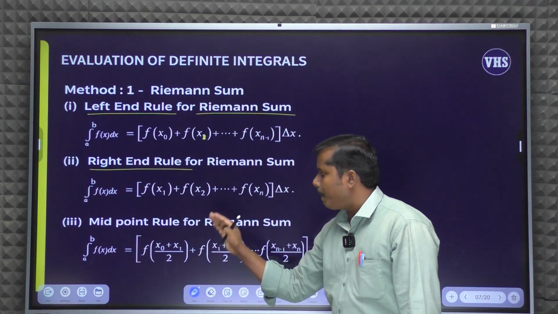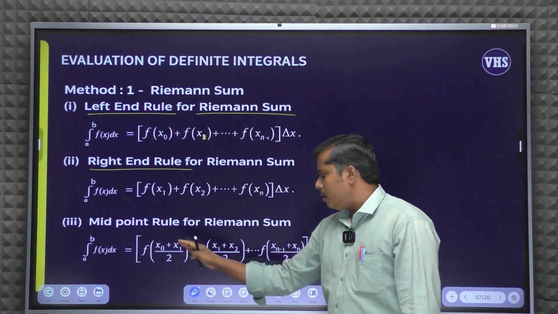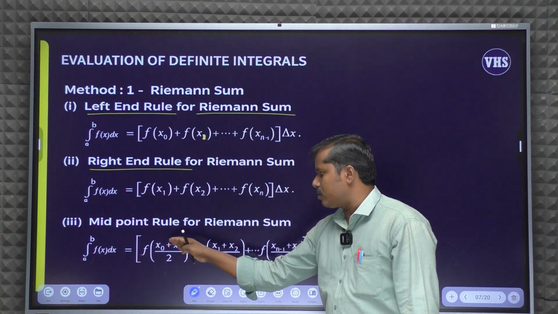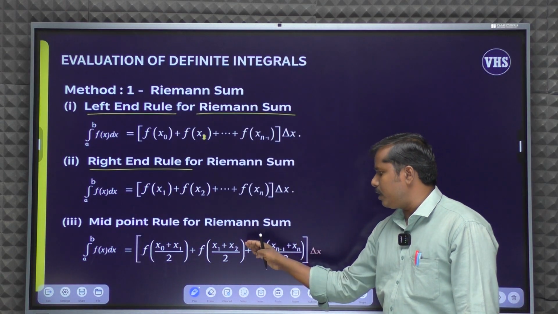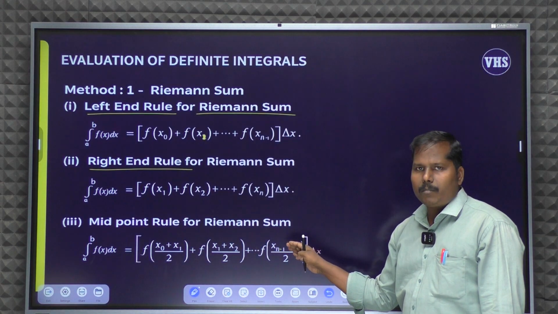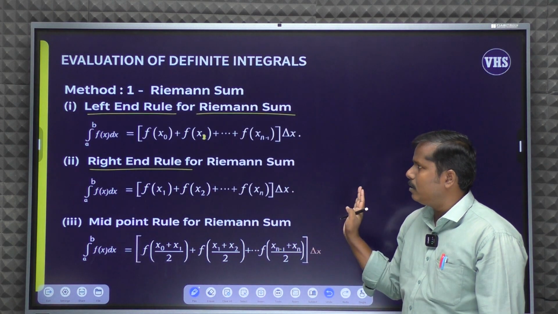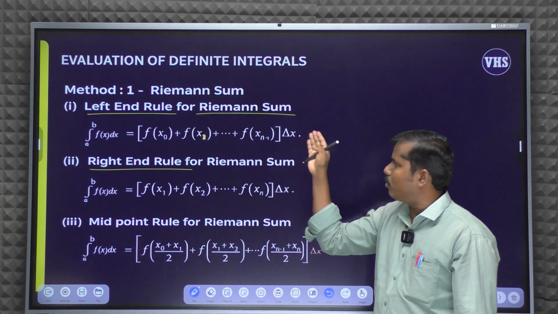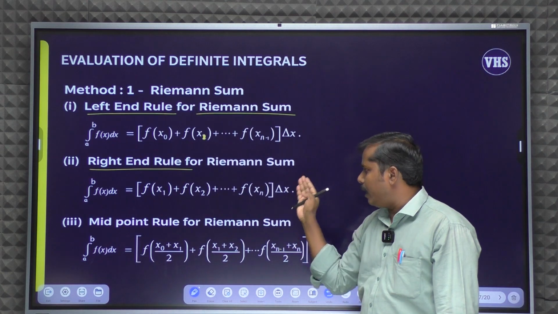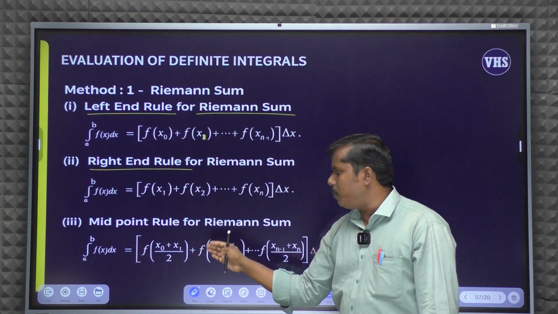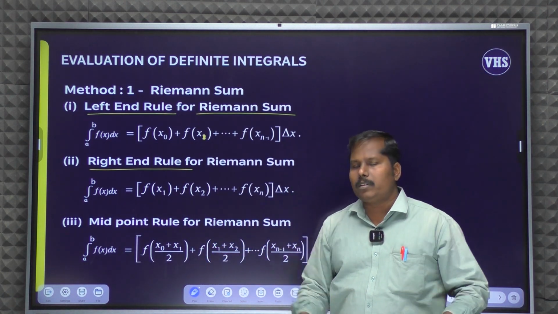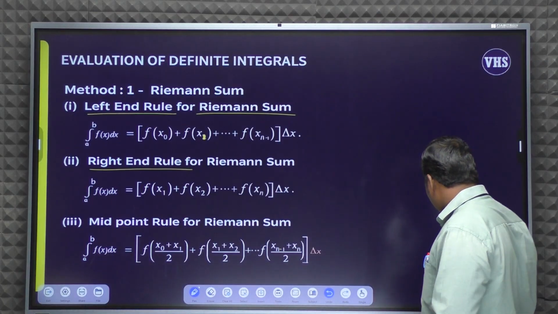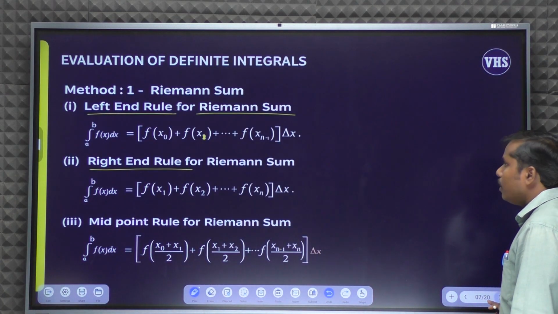All points are coming in the midpoint rule, where you are taking the averages, x0 plus x1 by 2, x1 plus x2 by 2, etc., xn minus 1 plus xn by 2. So you have to take a little care. Left hand means start with the left hand, ignore the right hand. Right hand means take the right hand, ignore the left hand. Midpoint rule means take all points into the count. I hope you understand this.